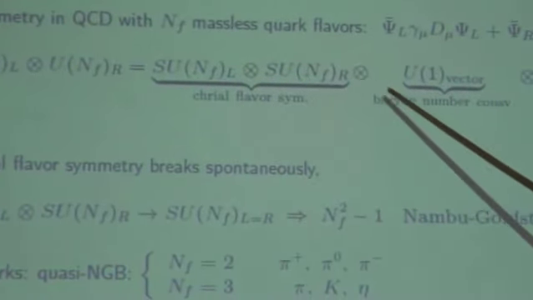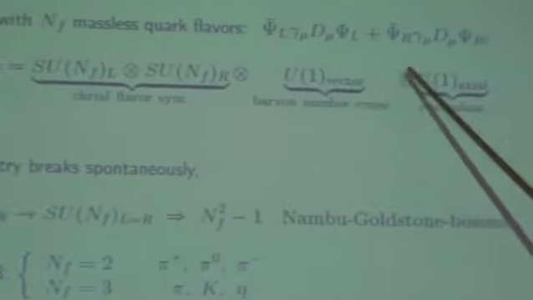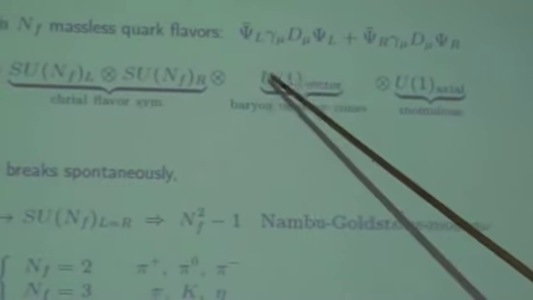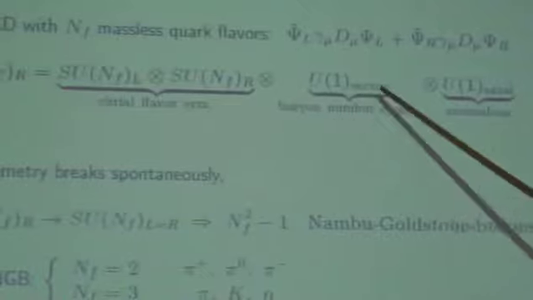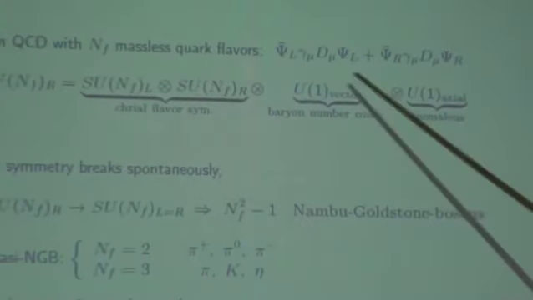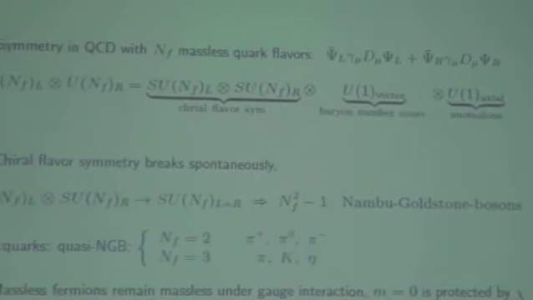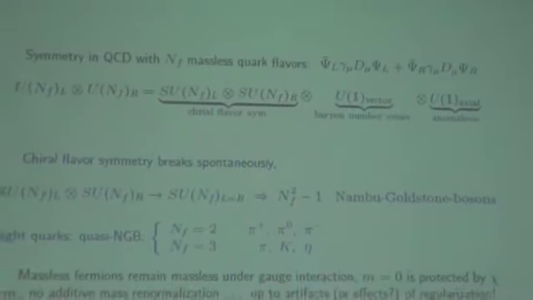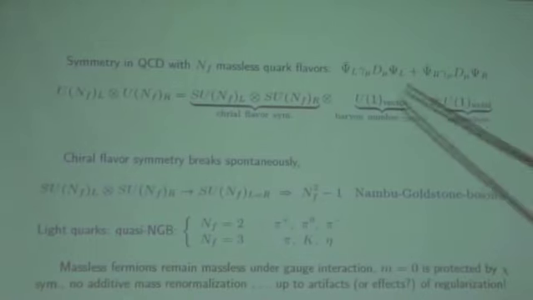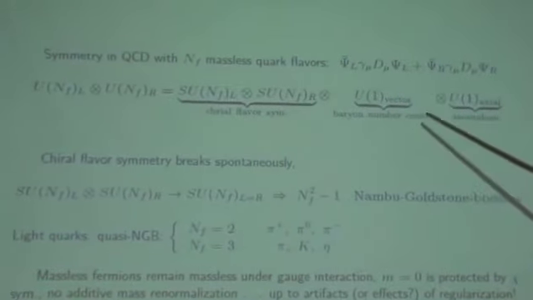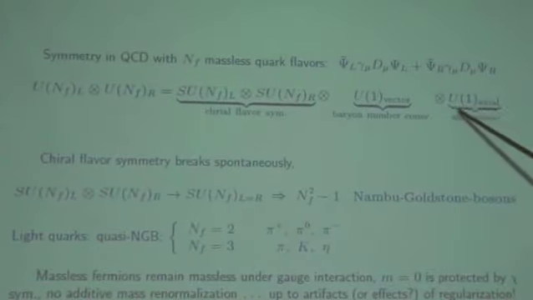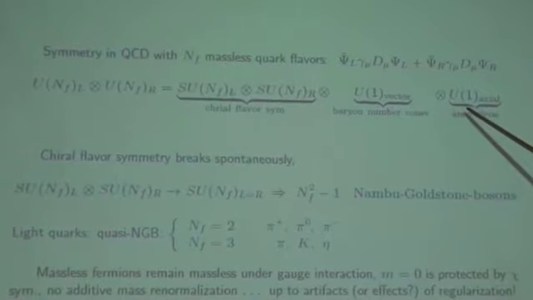So if we rotate the phase factors in the same way, then we have a U(1) vector symmetry. That means left and right is the same, and this is linked to the baryon number conservation. This is a symmetry which is there in QCD, and then we can also have the opposite where we rotate left and right-handed phases differently.